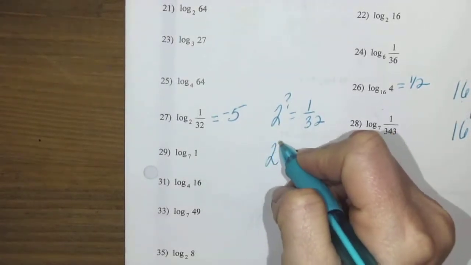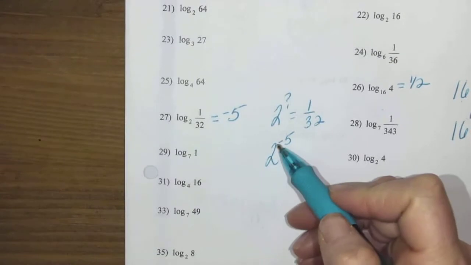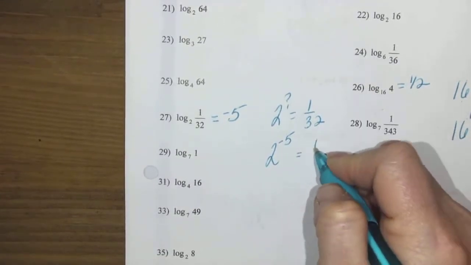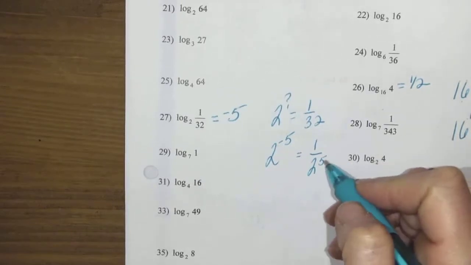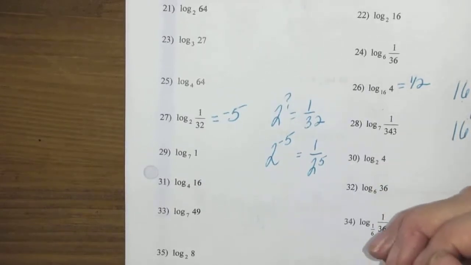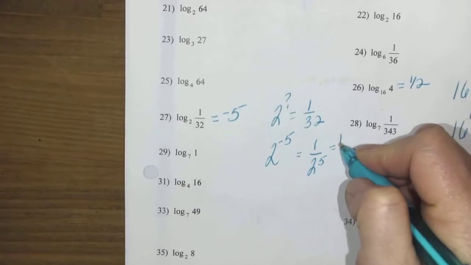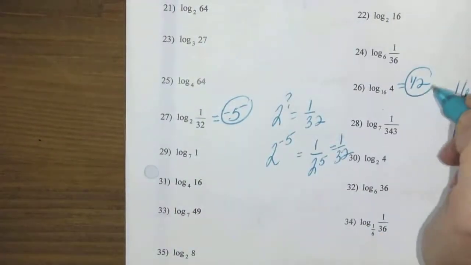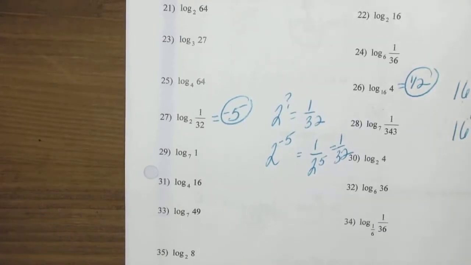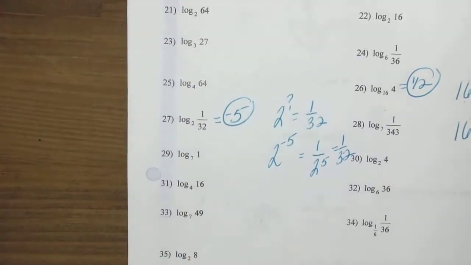Just a quick review, if you had 2 to the negative 5th, that's the same as 1 over 2 to the positive 5th. And 2 to the 5th, 2 times 2 times 2 times 2 times 2, is 32. So you just write the exponent on your sheet, because that's all the log equals.